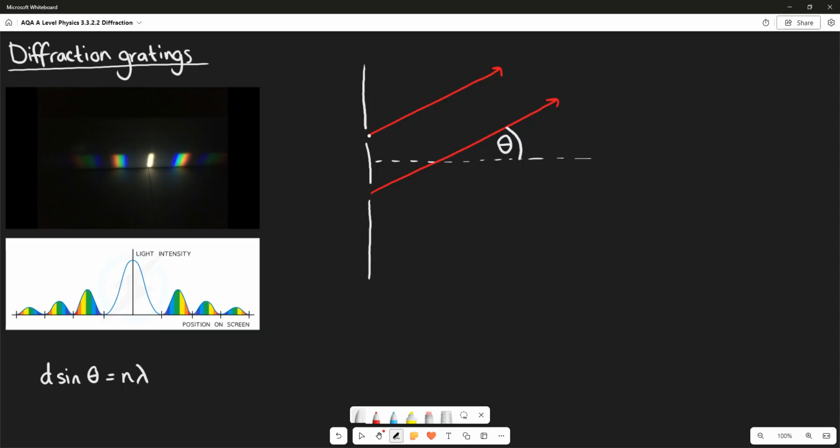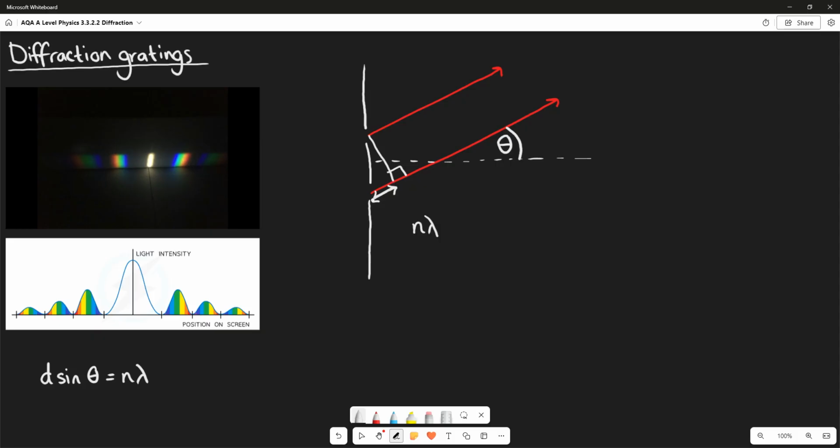If we draw this line here, that's a right angle, then this distance here, that's the path difference. And where we get constructive interference, this path difference has to be a multiple of the wavelength of the light.